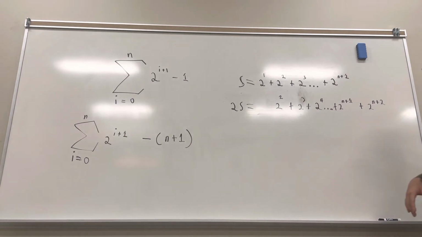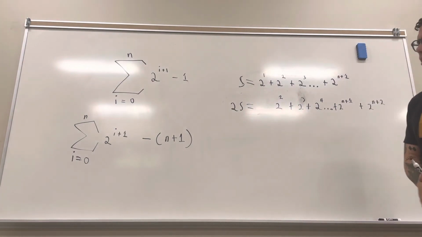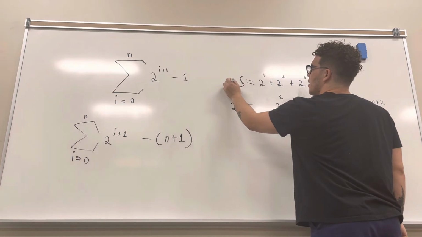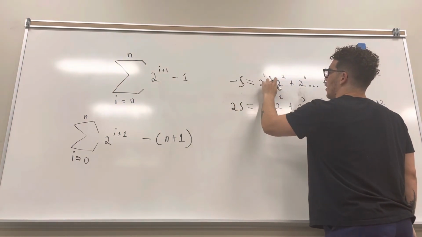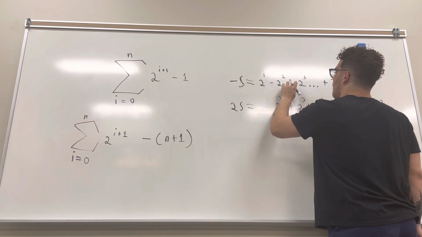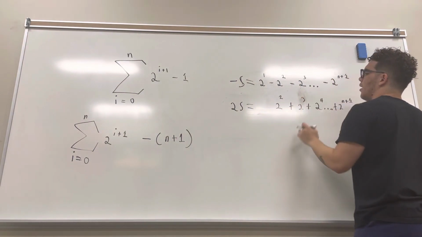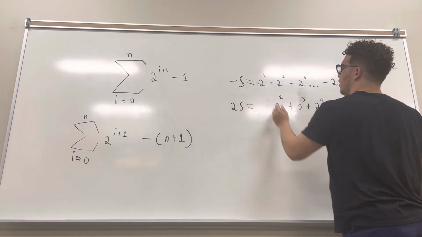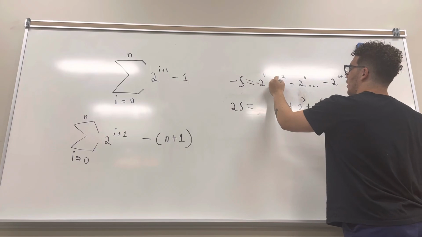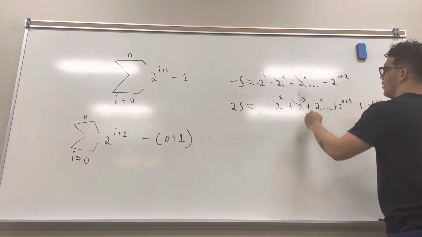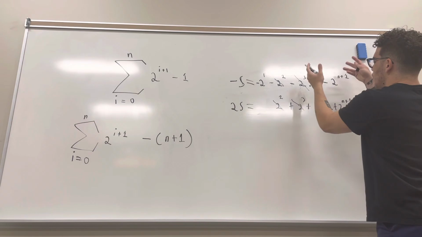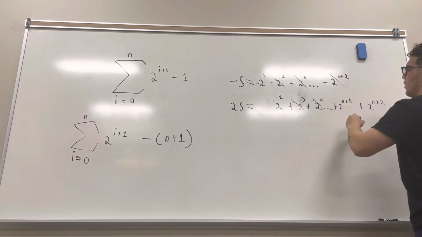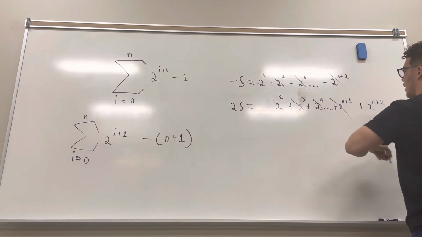Okay, so now we have 2s and we have s. How do we solve for s there? We can just subtract s from 2s. So we make s negative, and these all become negative. And we can see that these are going to cancel out, these are going to cancel out, there is a 2 to the fourth term in here that would cancel it out, and then this would cancel it out, and this is going to cancel out.